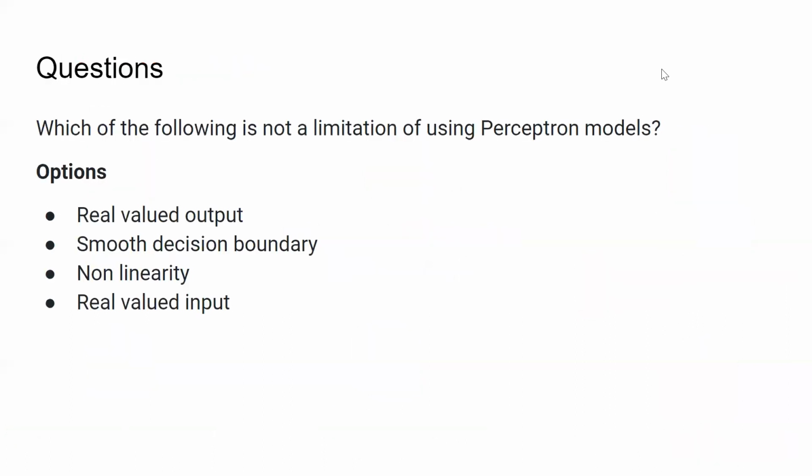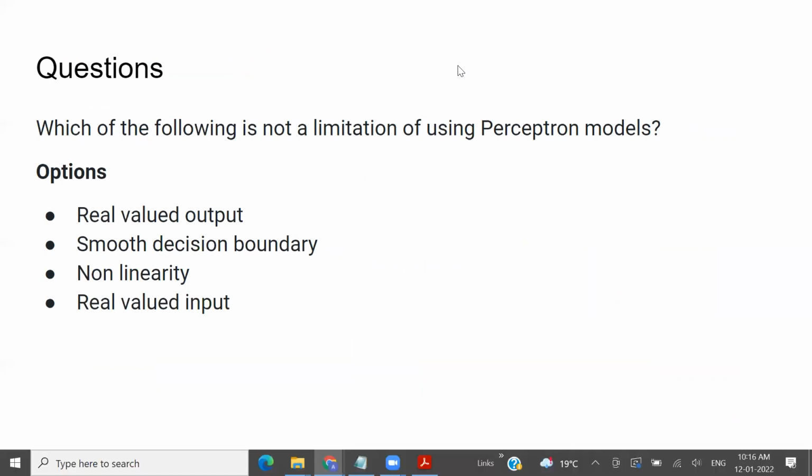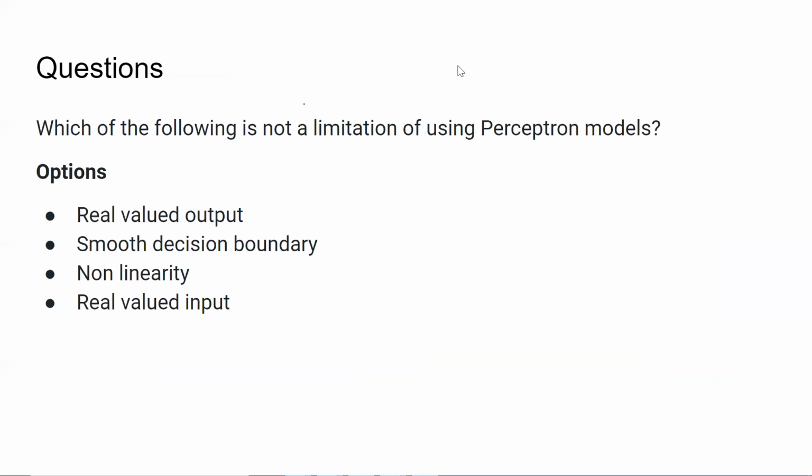I wanted to quickly answer this question. Which of the following is not a limitation of the perceptron model? Just now we have covered this. Can you give me the answer for this? Real valued input, right?